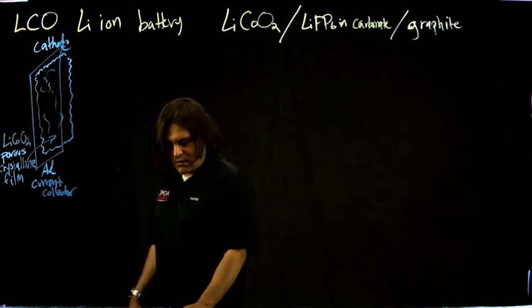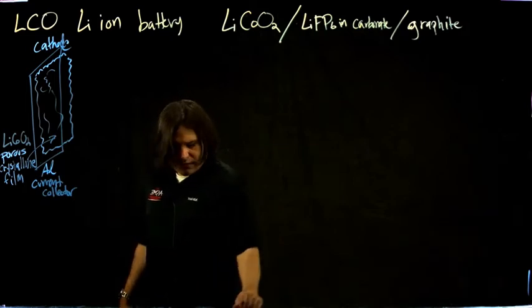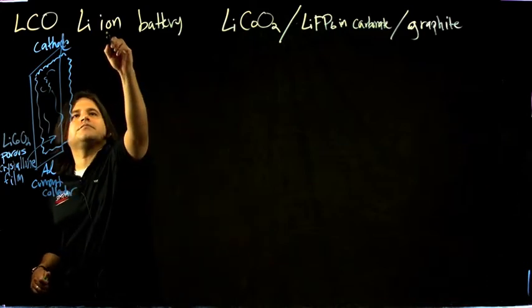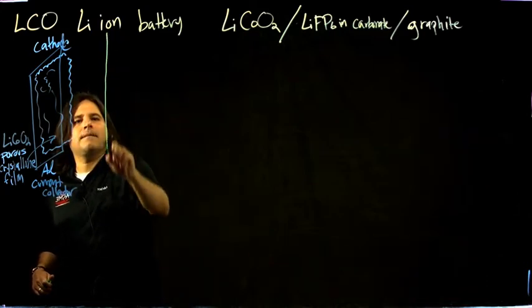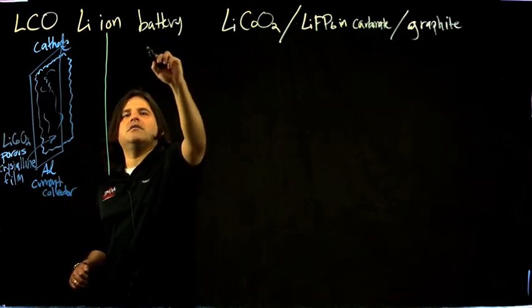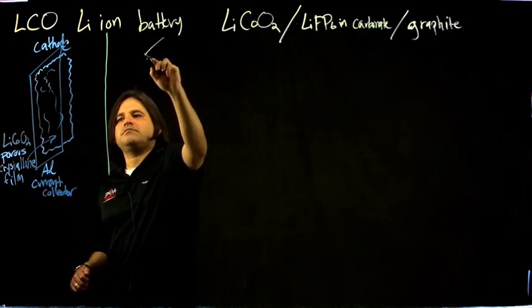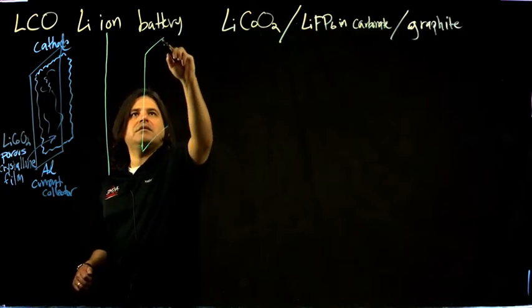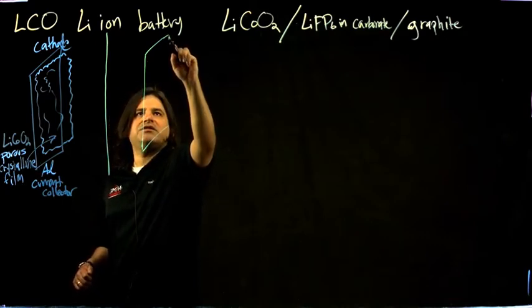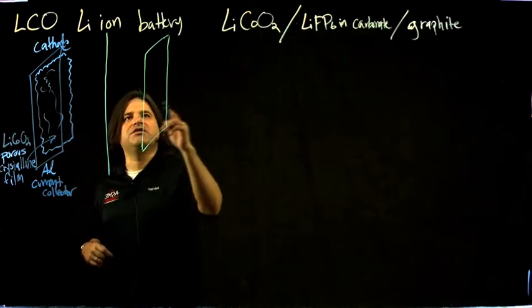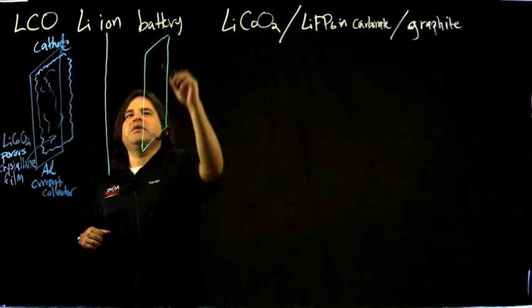Then you have a separator in the middle. Then you have the anode. In some designs, it's a flat plate, two flat plates sandwiched in many different layers of this anode-cathode combination. So this would be the anode.